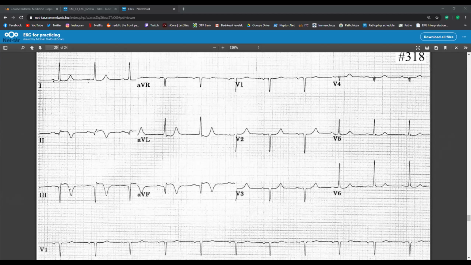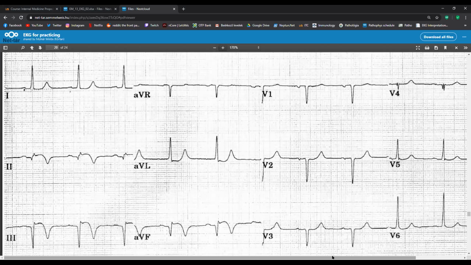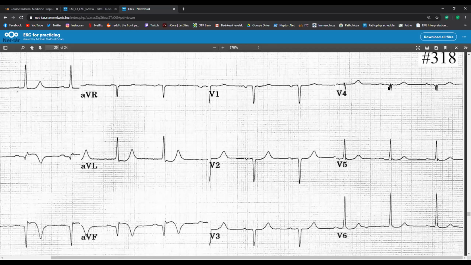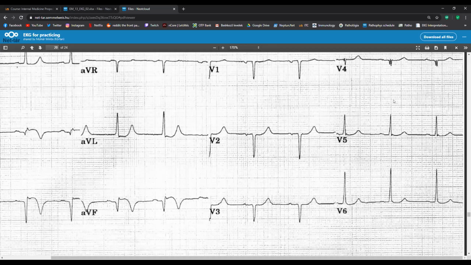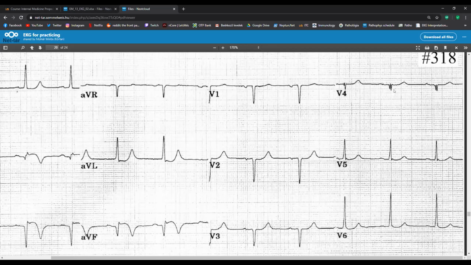That's good. Looking at the chest leads, you can see QS complex in V1, V2, V3. And if you enlarge V4 a little bit, you can see that the QRS complex looks like a W. This doesn't show anything, only that you do have a pathological Q wave in V4. This is the only one you have to consider, because there is no other notching in V1, V5, or V6.